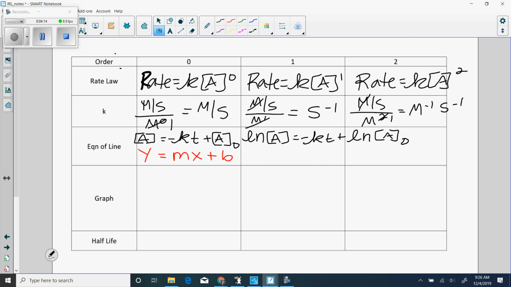Time is 0. My Y is the natural log of A equals M is my negative K, T time is my x-axis, plus B is my initial. I hope you fit that all in the box. I just didn't want to write too little.